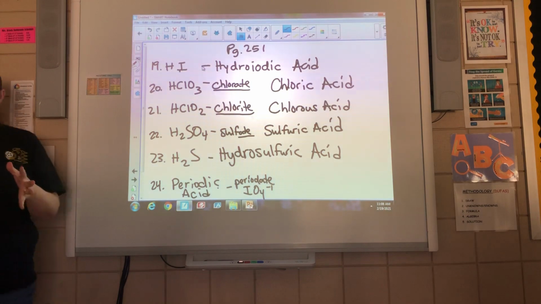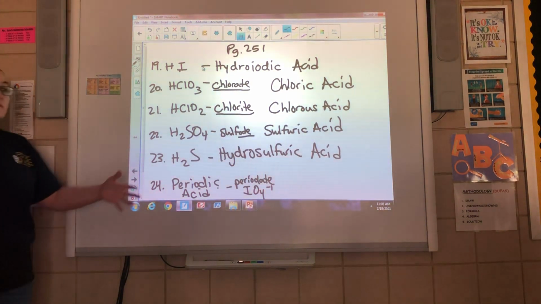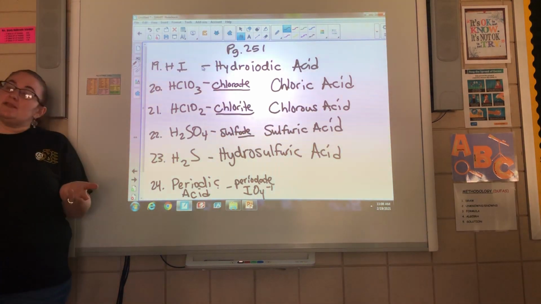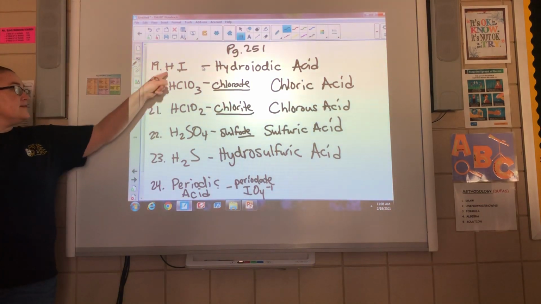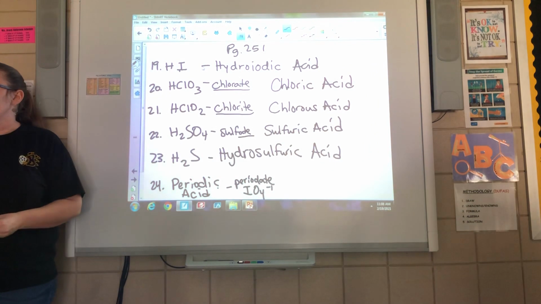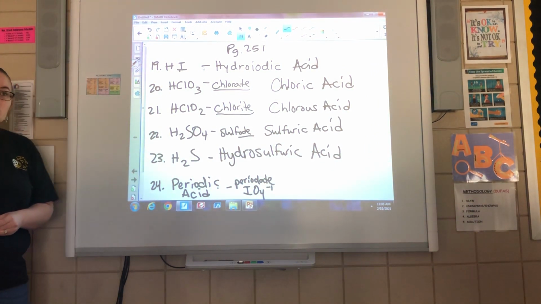Those are all important. We have to know the formulas for them. We have to know the charges if we're going to be able to write the complete formula. Now, every acid is going to have what element at the beginning? Hydrogen. All of these have hydrogen. What is hydrogen's oxidation number? +1.